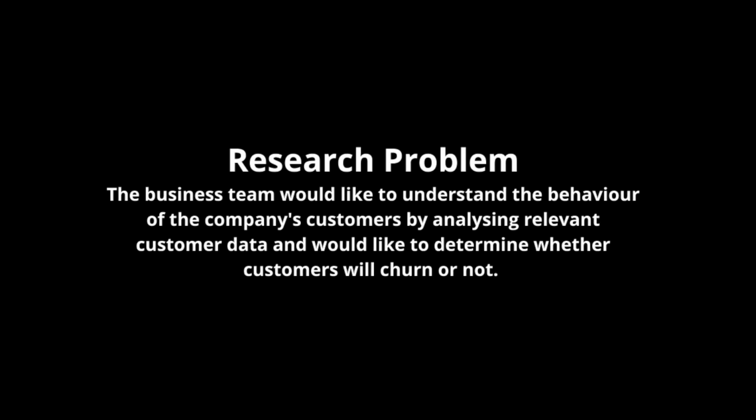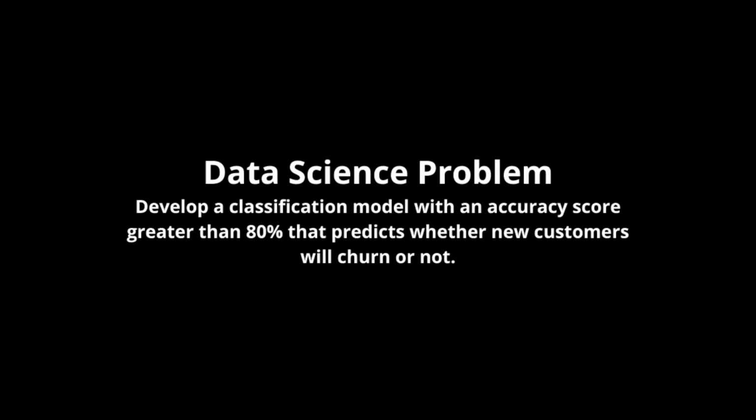The business team would like to understand the behavior of the customers by analyzing relevant customer data, and they would like to determine whether the customers will churn or not. By churning, it means whether we'll be losing customers or not. Upon going through that statement, the data scientist might come up with the following data science problem: develop a classification model with an accuracy greater than 80% that predicts whether customers will churn or not.